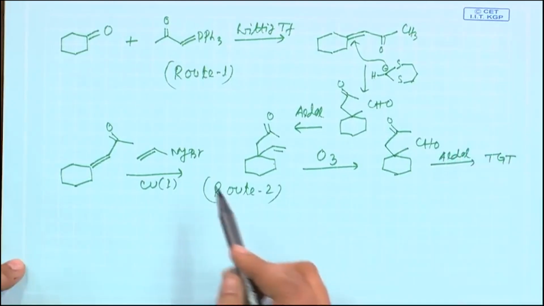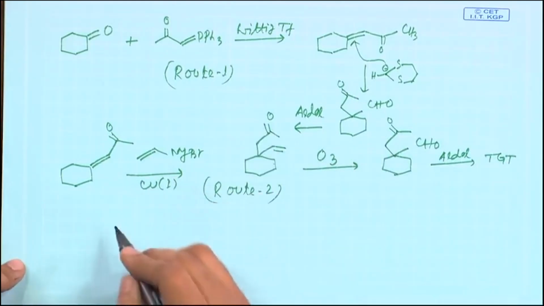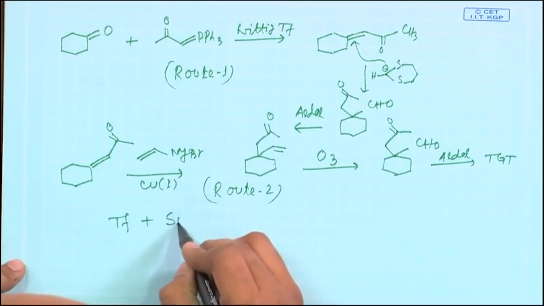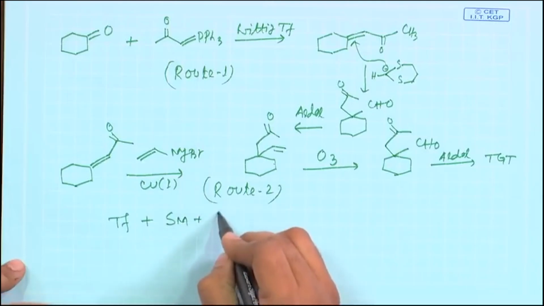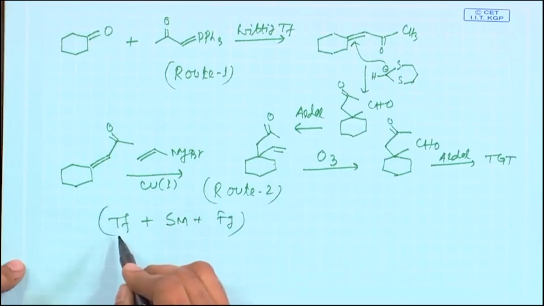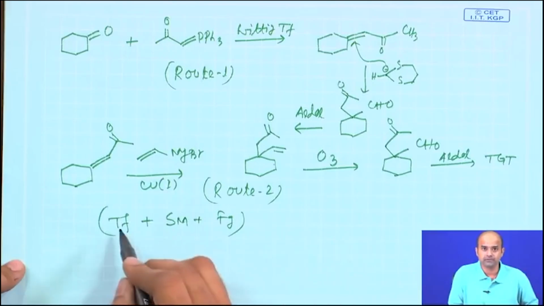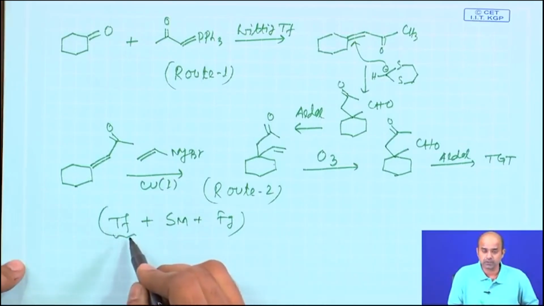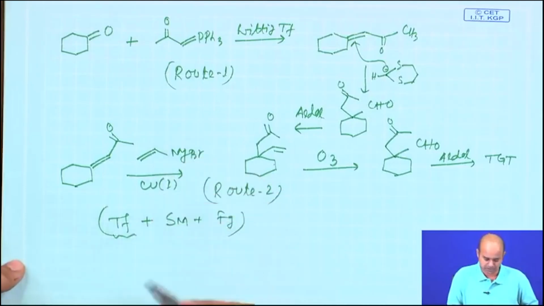So, now if you go back to the entire pathway, it is basically a combination of a transformation based approach, a starting material based approach, as well as a functional group based approach. That is why we are discussing three pathways in a combined fashion. Transformation means you have a Wittig kind of reaction, and a Michael based reaction.